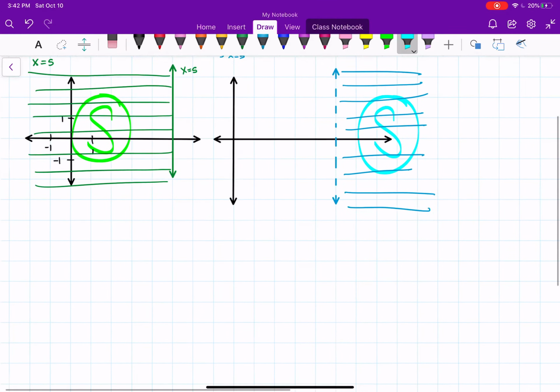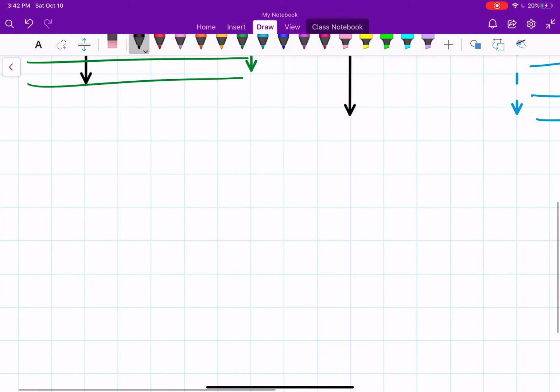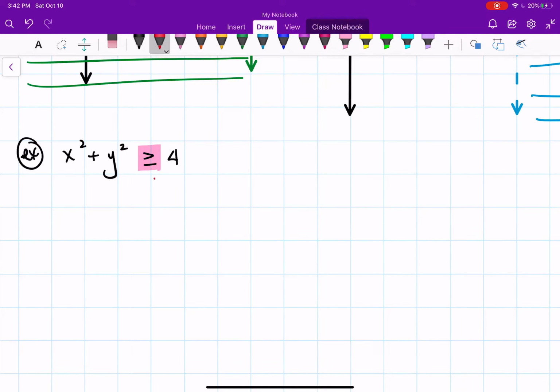So let's go into something a little more challenging. For example, let's say I had to graph x squared plus y squared is greater than or equal to 4. Well, what I recognize is that this is a circle, okay? So when I look at this part right here, it tells me two things.